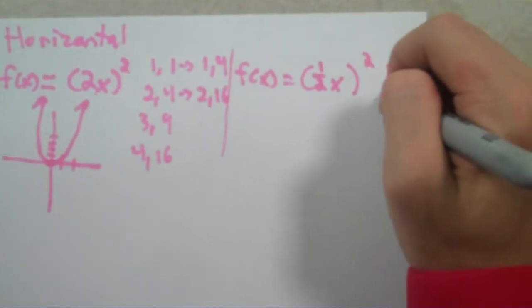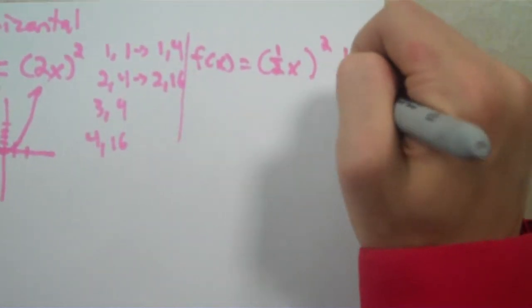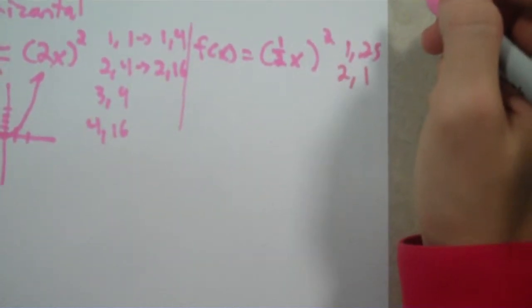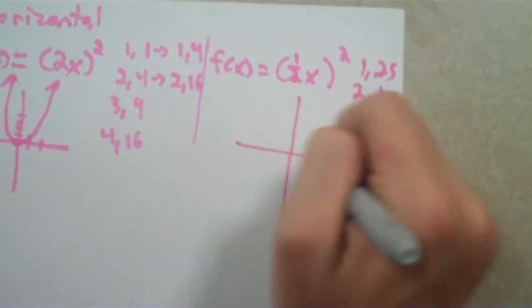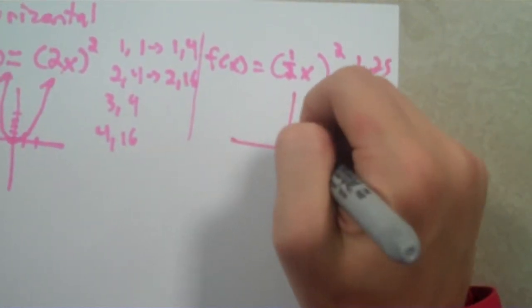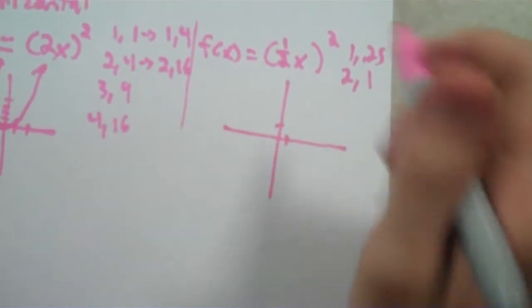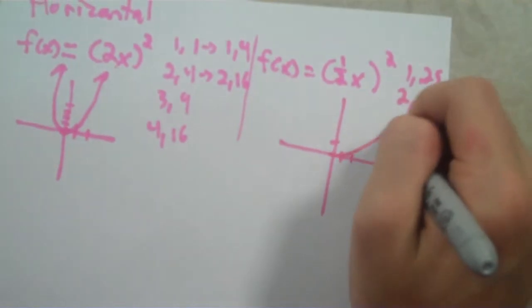Multiplying 2 by 1/2 becomes 1, and then 1 squared is 1, so the new point is (2, 1), etc. So the new graph begins to look much broader as it stretches out, where it begins to look like this.